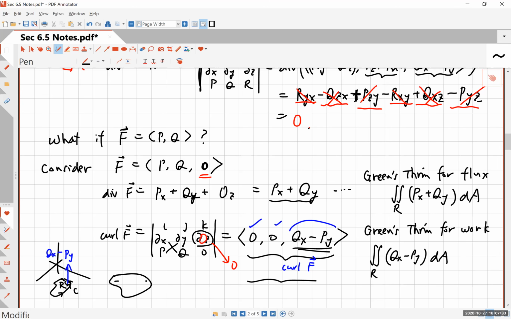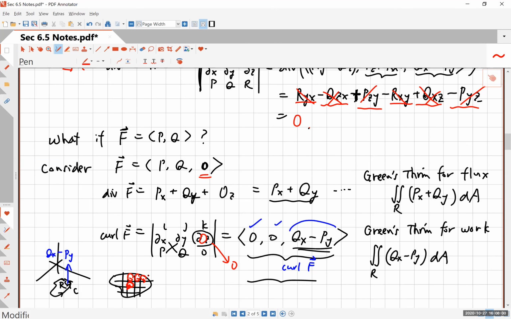Remember I showed you in the rough proof of Green's theorem, I'm talking about each point, and then you have this thing called Qx minus Py. That turns out to be the curl of F, which is how much of the fluid is going around the boundary of the rectangular region. And the same thing here, same thing here, same thing here.